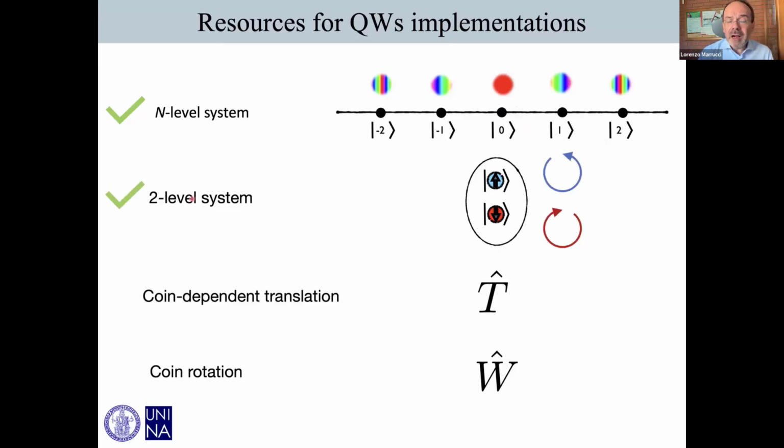Our 2-level system is the 2 circular polarizations. The coin rotation can be readily obtained using any wave plate to affect the polarization, such as quarter wave plates, half wave plates, and so on. What is still missing is the coin-dependent translation.